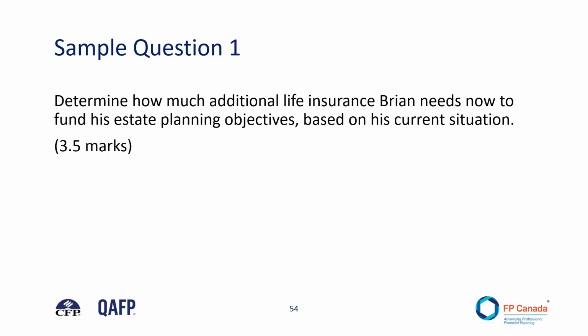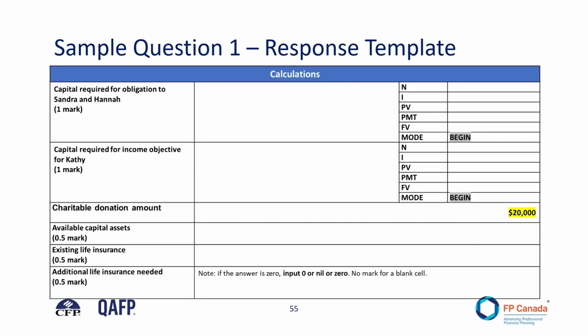This is the first question based on the presented case narrative. Determine how much additional life insurance Brian needs now to fund his estate planning objectives based on his current situation. The response template then follows. This is it. The question requires a time value of money calculation, and you will note that the calculator functions are supplied in the template for ease of data entry.